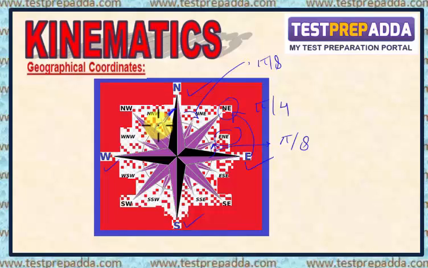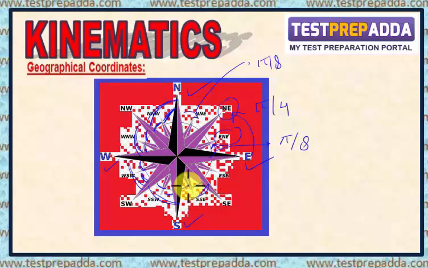This is pi by 8. So this is pi by 4. Again, pi by 8, pi by 8. This is pi by 4. Here also, this is pi by 8, pi by 8. Total is pi by 4. Same here, pi by 8, and total pi by 4. Here also, pi by 8, total pi by 4.